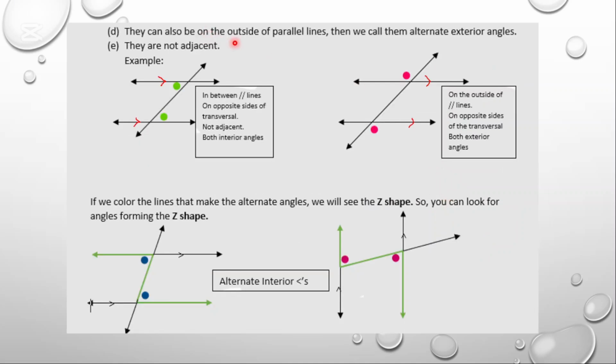They can also be on the outside of parallel lines. Then we call them alternate exterior angles. Look here, over here. Here we have the parallel lines. There's the transversal over there, one side of the transversal, and then on the opposite side of the transversal, but both of them must be exterior. They are never adjacent.